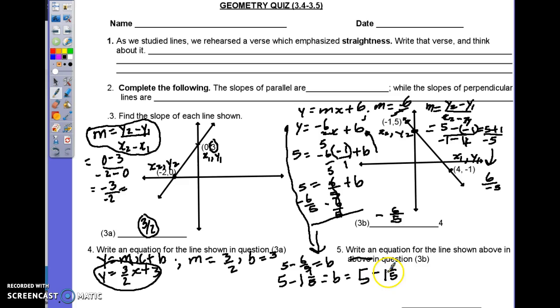Because the denominator is 5, I'm going to set up a fraction over here with 5 as the denominator so I can work it out. Instead of 5, I can write 4 and 5 over 5, because 5 over 5 is 1, and 1 plus 4 gives me back 5, minus 1 and 1/5.